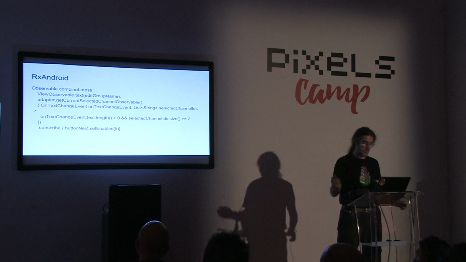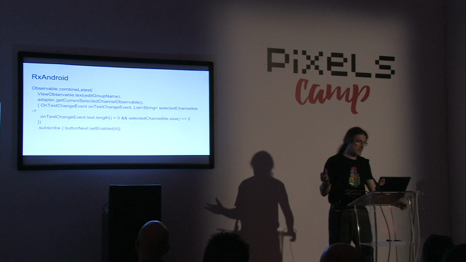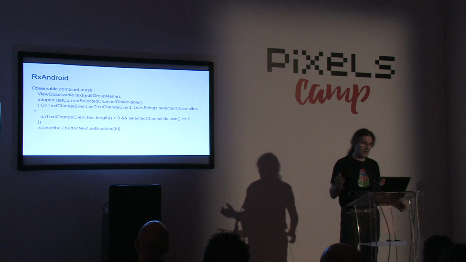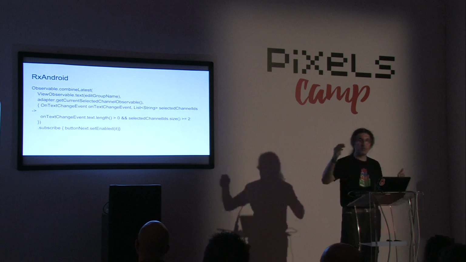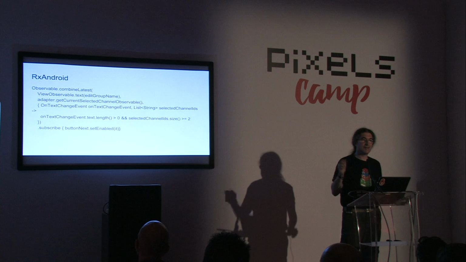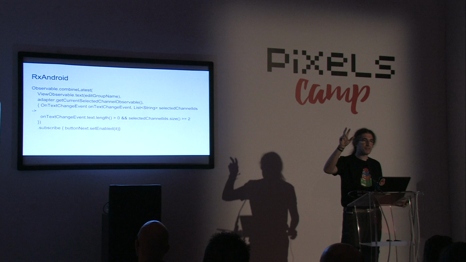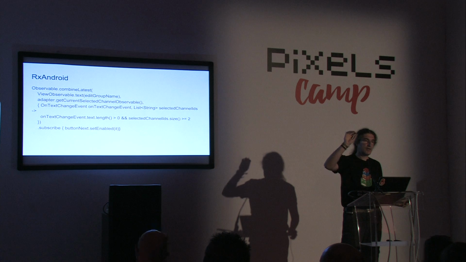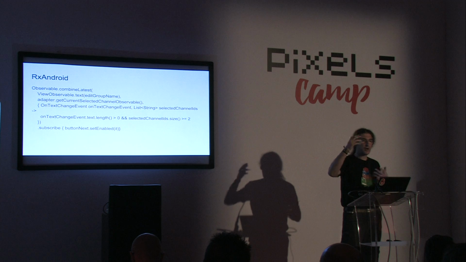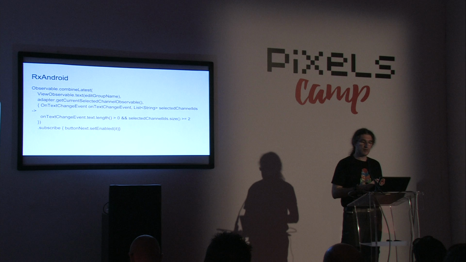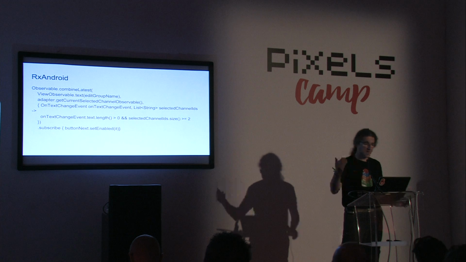With this example, what I'm doing is, basically, I have an adapter where you want to select at least 2 elements, and you have to have an edit box with a text field. And only when you have both conditions do I want to enable a button to move on to the next step.